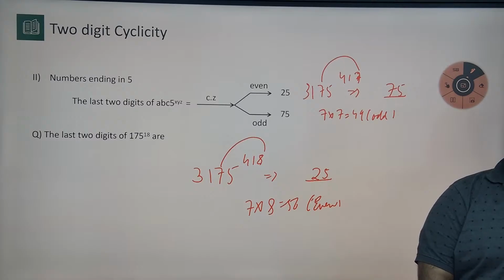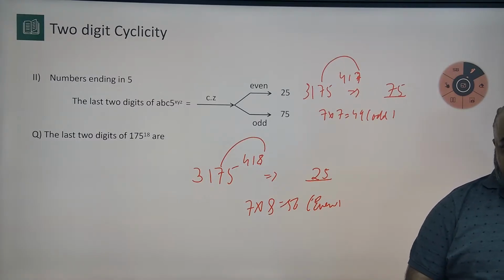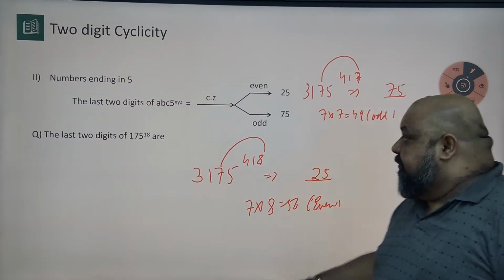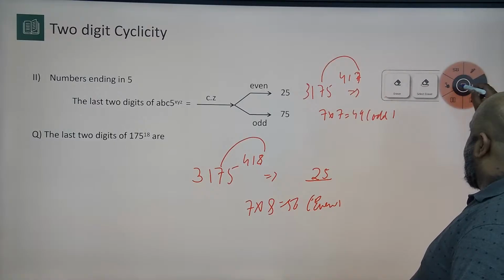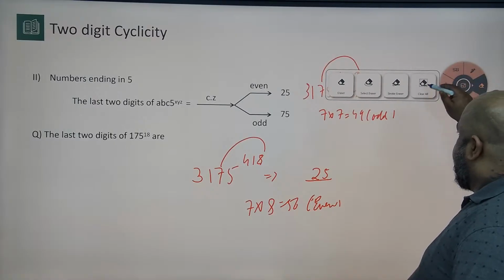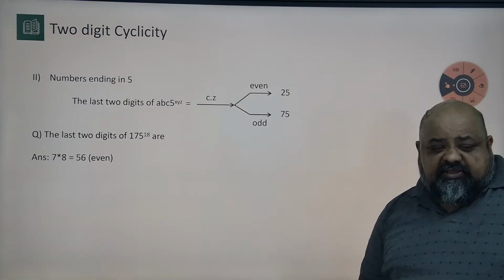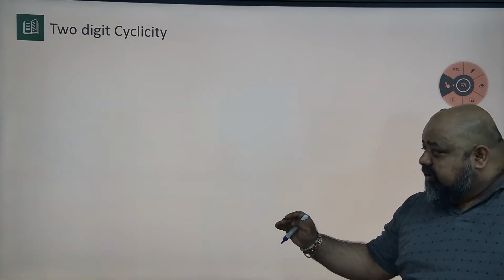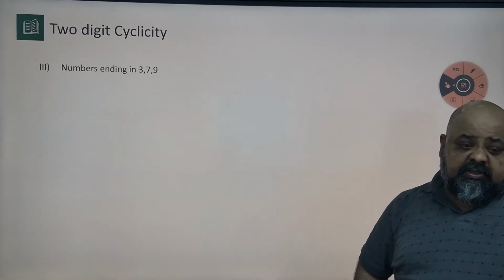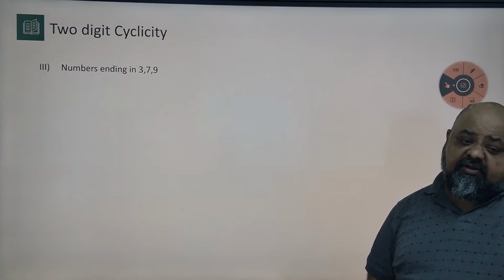Right? Again, for numbers ending in 5, without any exception. So these two become my base rules. Using this, I look for the other set of numbers. Suppose the numbers end in 3, 7 or 9.